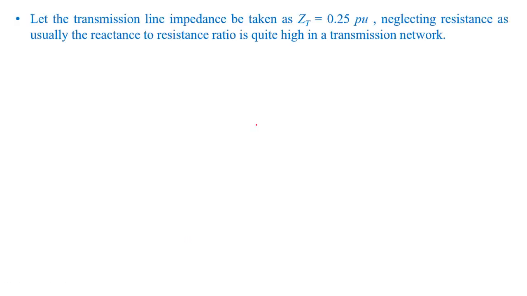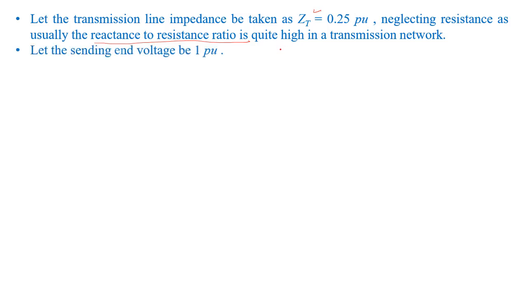So let the transmission line impedance be taken as Zt equal to 0.25 per unit, neglecting resistance as usual, because the reactance to resistance ratio in a transmission line is quite high. So here we are neglecting the effect of resistance and considering Zt as 0.25 per unit.